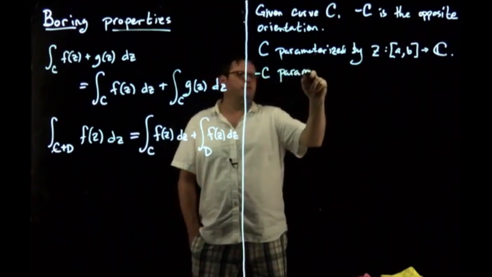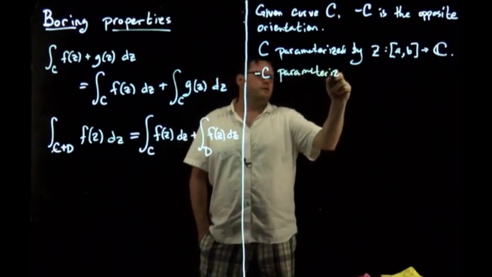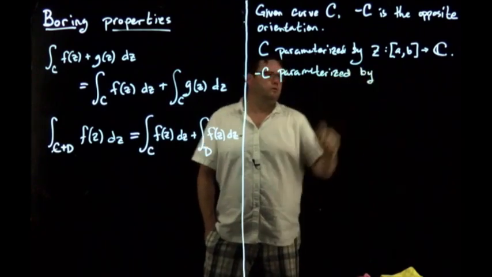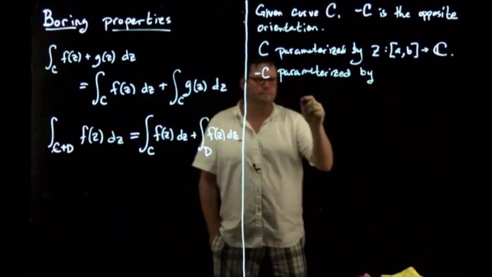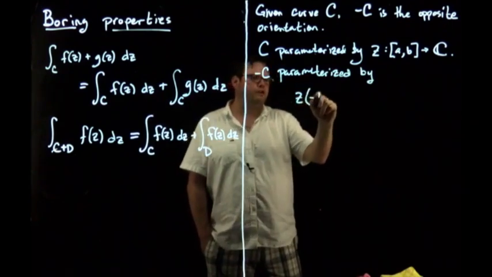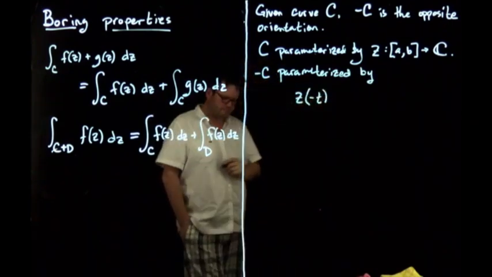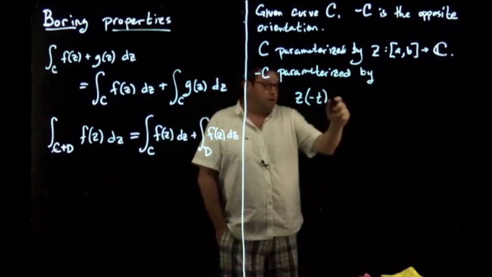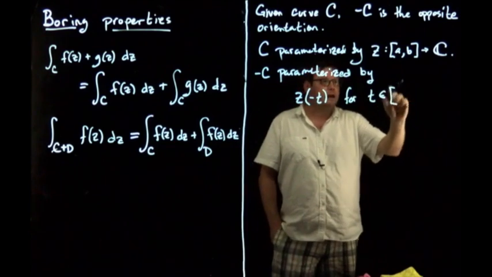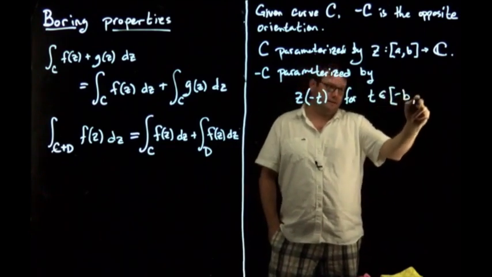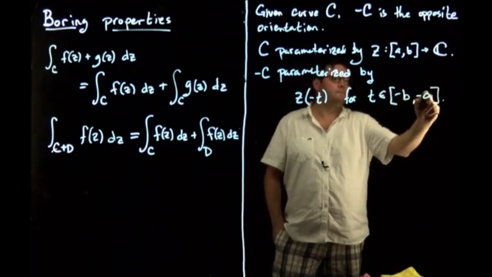Well, we talked about this in the last lecture. We plug in minus t, so we look at z of minus t, and then t goes from minus b to minus a.